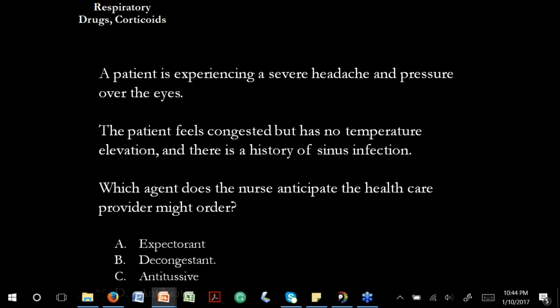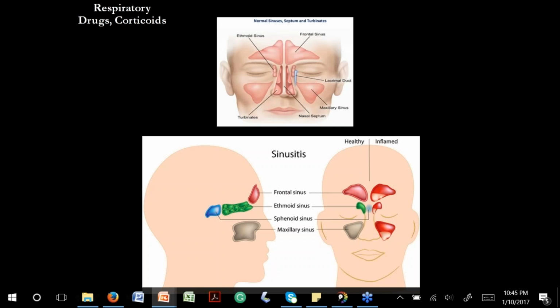Antitussive? No, because I don't see the patient coughing. Expectorant? What is the key word here? It is the congestion. So what are you going to use? A decongestant, alpha-1, the phenylephrine. Phenylephrine, Sudafed, and all those are decongestants, alpha-1. What does alpha-1 do? Vasoconstriction of the vessels. All right, so let's keep going.